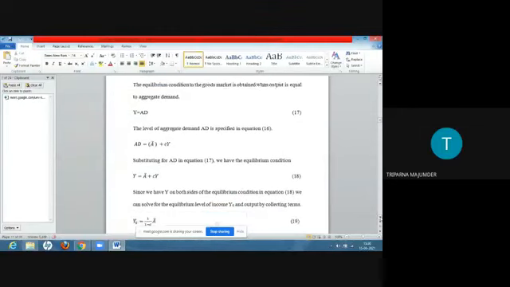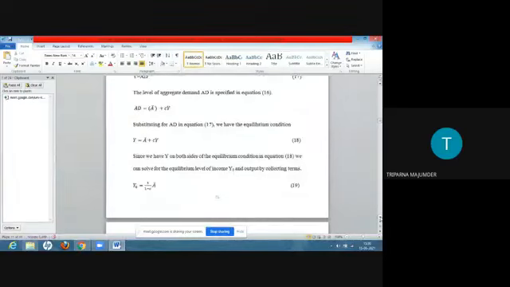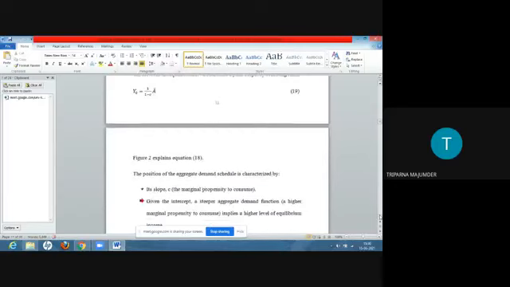Since we have Y on both sides, we can collect terms and get the expression for equilibrium income Y naught, which is equal to 1 by 1 minus c, where small c is marginal propensity to consume, into A bar, or the autonomous expenditure.